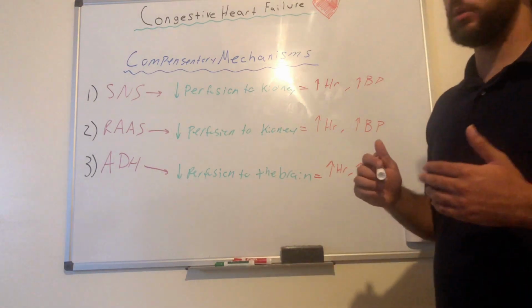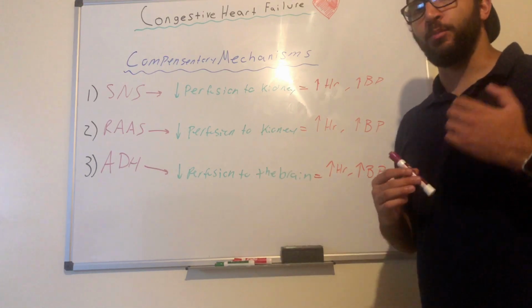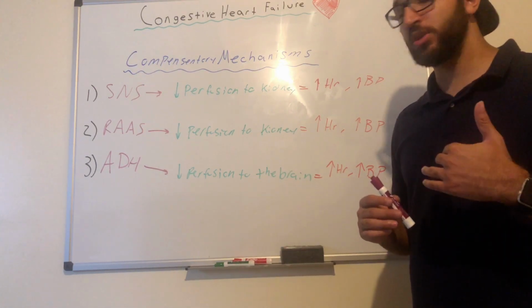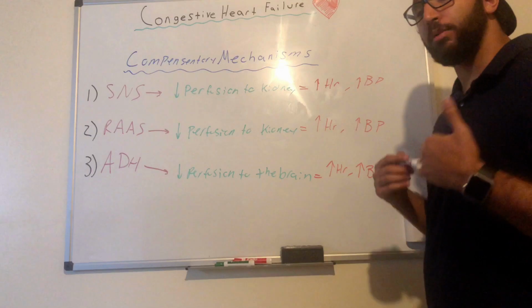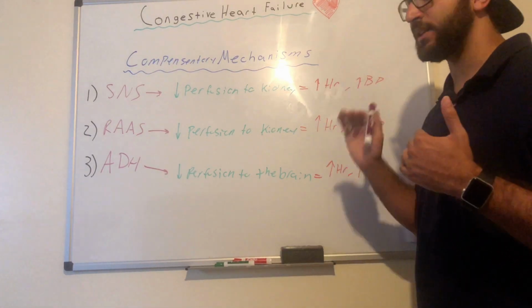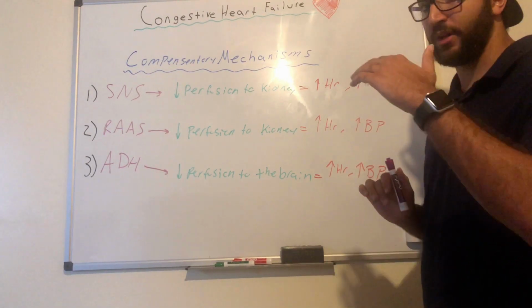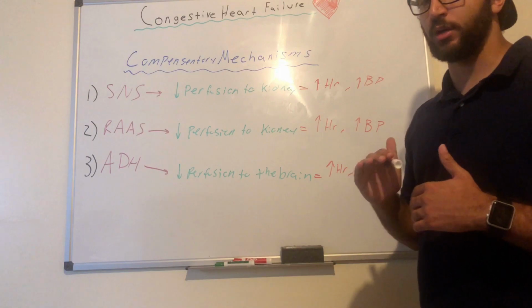Antidiuretic hormone will also activate when the brain detects that there's not enough perfusion. Blood pressure is going to increase as well. The trend with most of these compensatory mechanisms is that heart rate and blood pressure increase to compensate for the rest of the body.